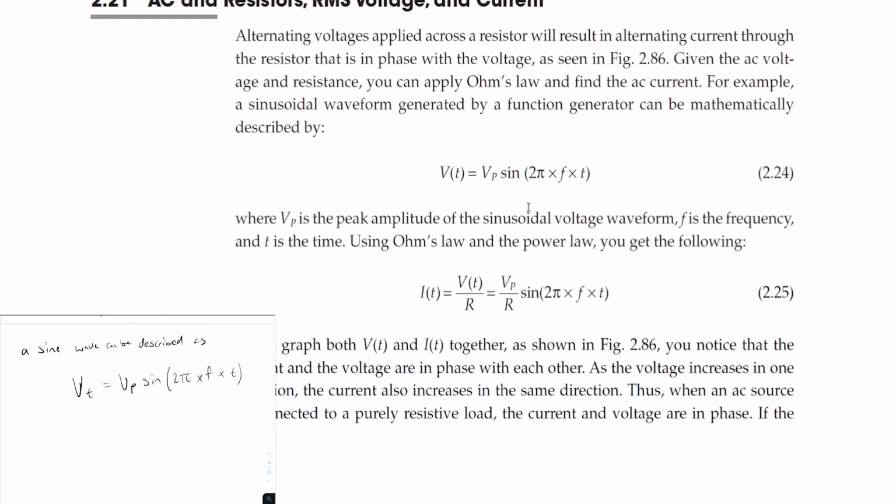I do. So we're saying that current throughout time is equal to voltage divided by resistance. Okay. So what does that have to do with the equation you mentioned before?